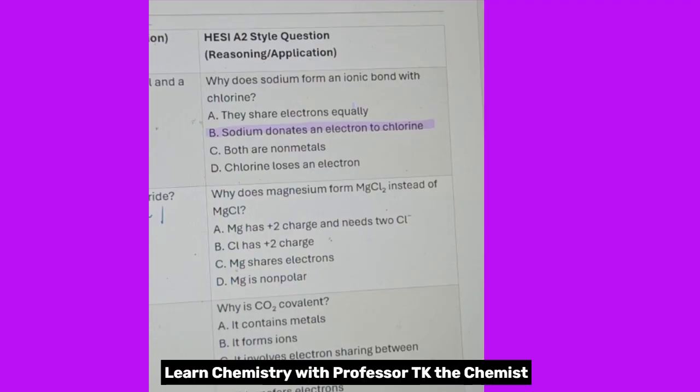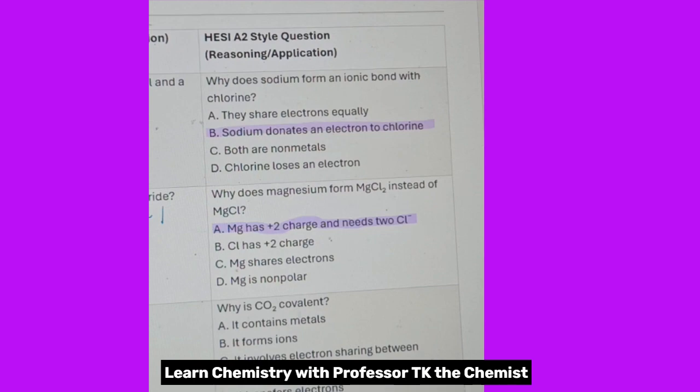Exactly, Brianna. Non-metals are receivers. Metals are givers. Exactly. Letter A is correct.